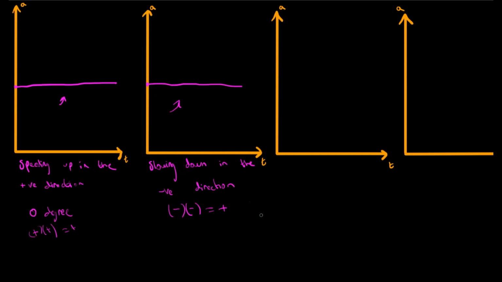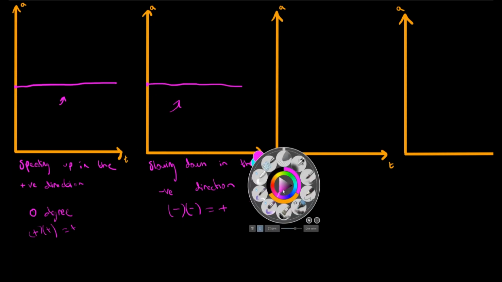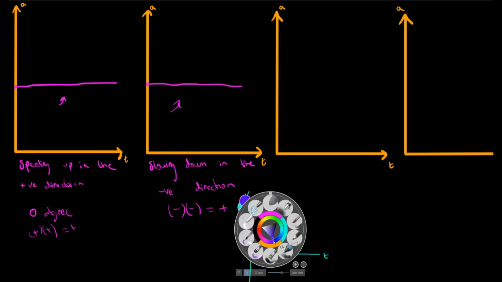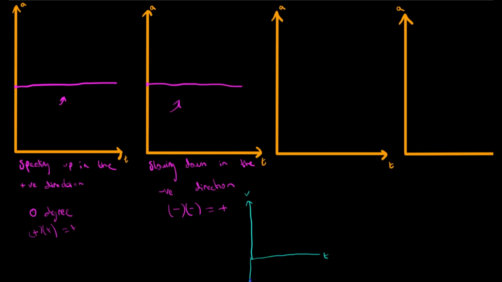So if we look at a velocity time graph for a better understanding, we'll draw one here. And we look at the negative side, we see that in this case, the line will be going upwards. And here it's slowing down, but if you remember the velocity time graphs, it's slowing down in the negative direction.